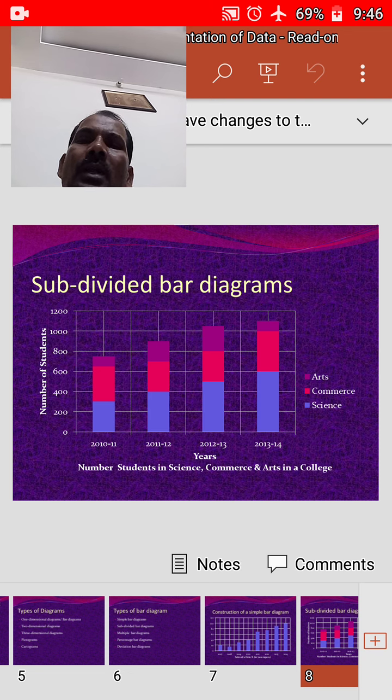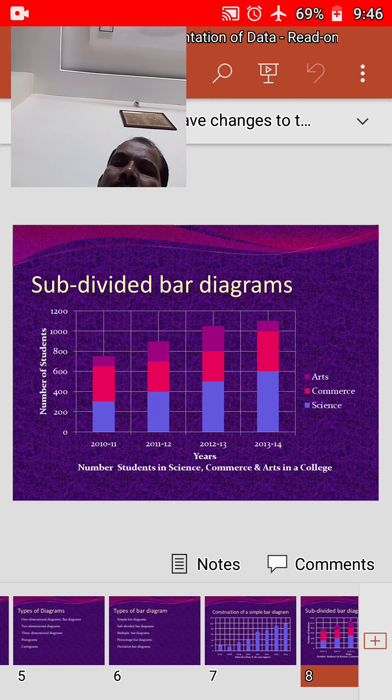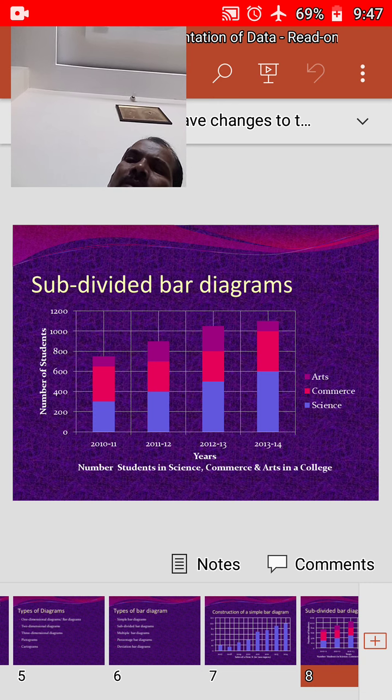In 2012-13, arts students were 250, commerce students were 300 and science students were 500. In the year 2013-14, the arts students were 100, commerce students were 400, science students were 600. If you observe the total, in 2010-11, arts, commerce, science will be 750. In 2011-12, it will be 900. In 2012-13, it will be 1050. And in the year 2013-14, it was 1100.